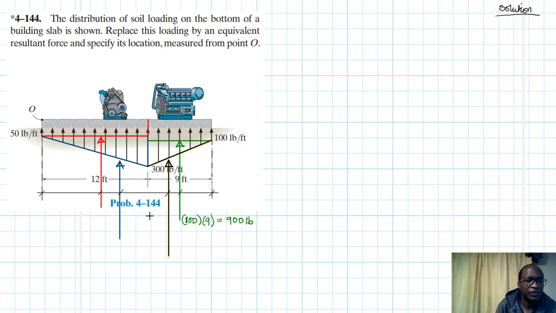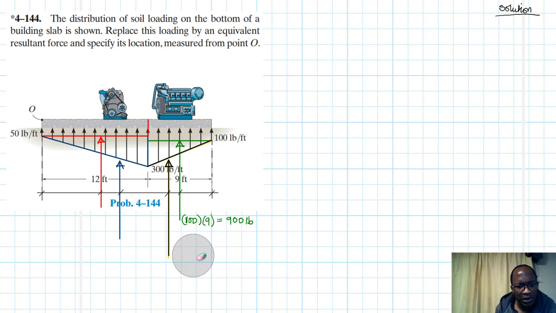So this one is going to be equal to 300, that is the height of the triangle, minus 100. You see, it's 300 here minus 100, then we find this height. This is the height we're interested in.